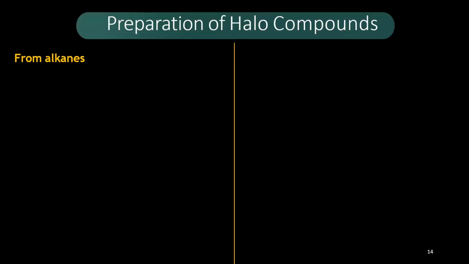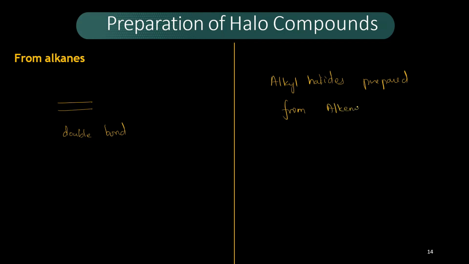So let's see now, how do we prepare alkyl halides using alkenes? So what are alkenes? They are nothing but a carbon chain with a double bond. So here you can synthesize in 2 ways. Remember, alkyl halides are prepared from alkenes in 2 ways.